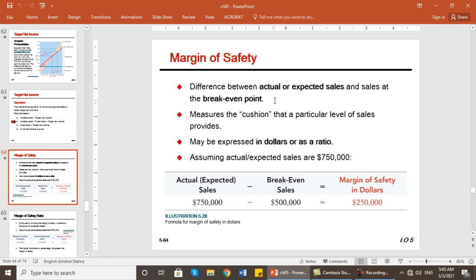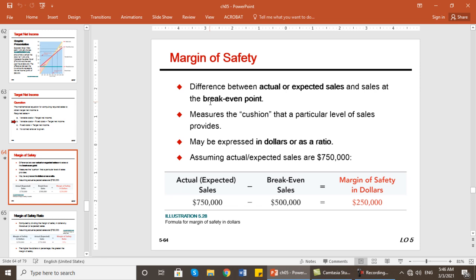So the margin of safety is 20 points, or as a ratio 20 divided by 80, it's 25% margin of safety in your study of this course, managerial accounting. You can apply this idea to your course. Margin of safety: the difference between actual or expected sales and sales at the break-even point.